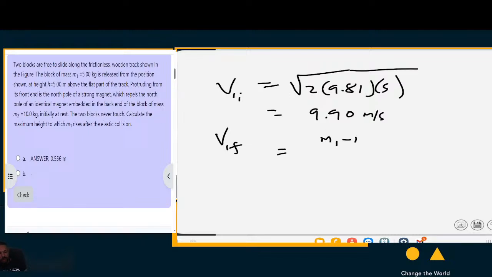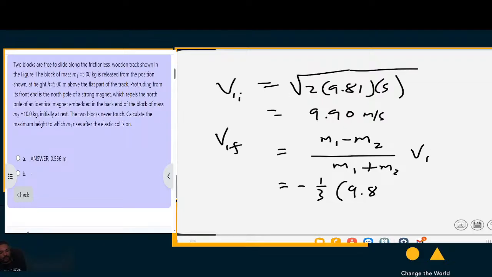It is M1 minus M2 over M1 plus M2. That gives us 1 minus 10 over 1 plus 10, that is negative 9 over 15, so it's negative a third, times the initial velocity, 9.90.